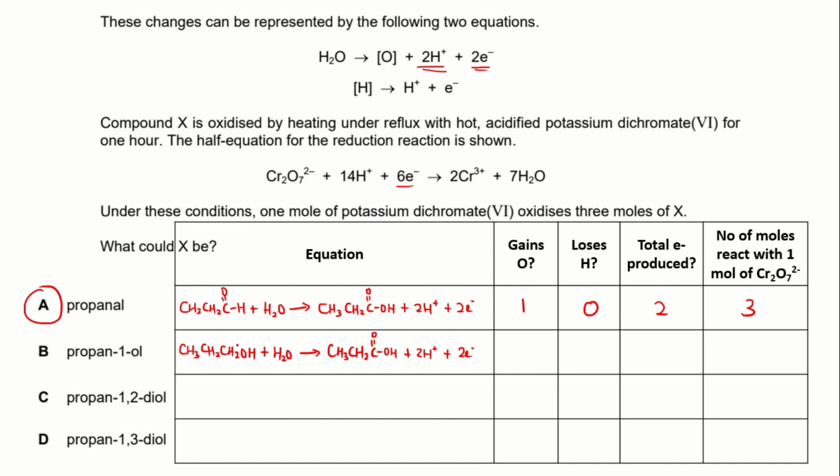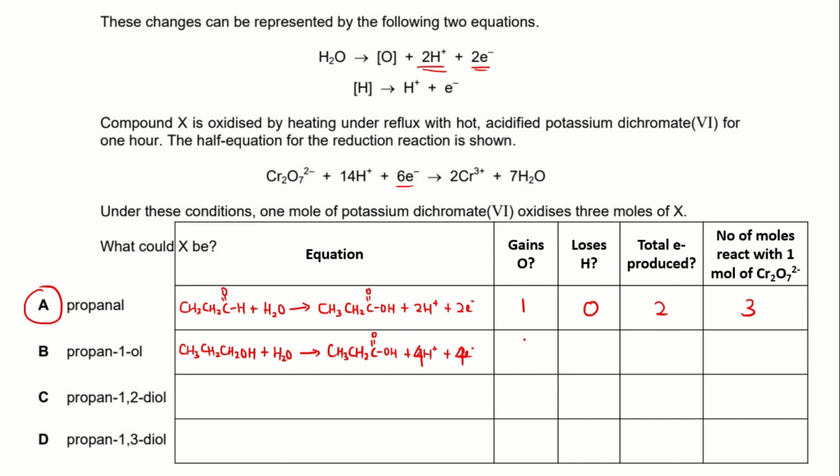2 hydrogen atoms are lost from this CH2 so that C=O can form. So add 2 more hydrogen ions, because 1 hydrogen atom lost will produce 1 hydrogen ion and 1 electron. So 2 hydrogen atoms are lost, 2 hydrogen ions. So 2 plus 2 is 4, and electrons, another 2, 4 electrons.